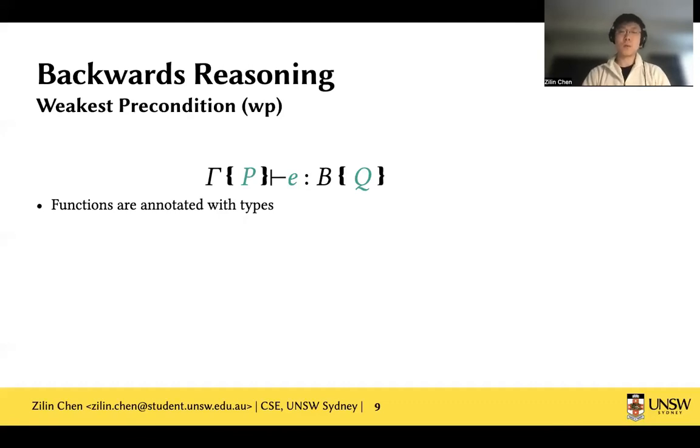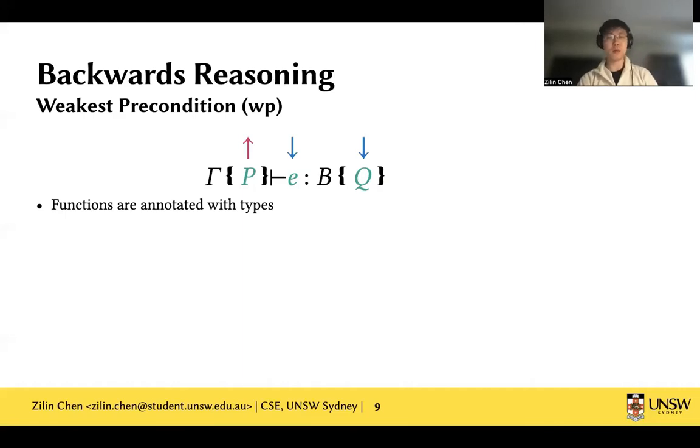So imagine we have already worked out the base types. So we already know gamma and B here. In this typing judgment, if we think of it algorithmically, the inputs are E and Q, and we want to work out a P, which is the output.